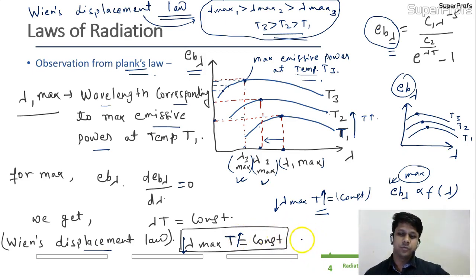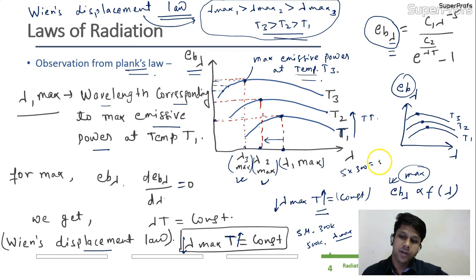Sometimes they can give you a value of lambda max, let us say 5 micron, and temperature they can give 300 Kelvin. Then they will give another temperature, let us say 500 Kelvin, and they will ask what is the lambda max value. So what do you have to do? 5 into 300 equals 500 multiplied by lambda max. So from here you can calculate this lambda max value.